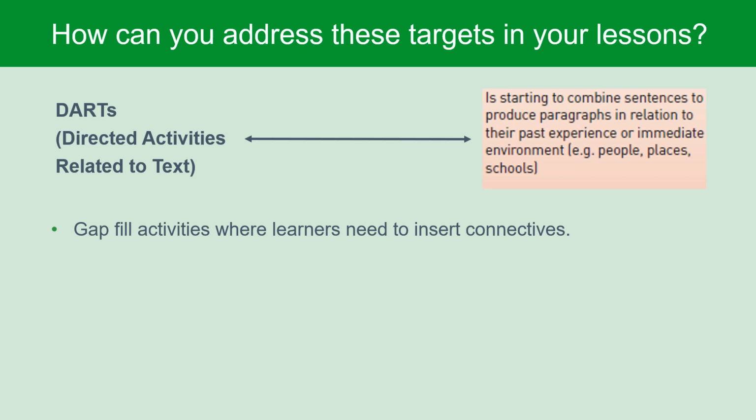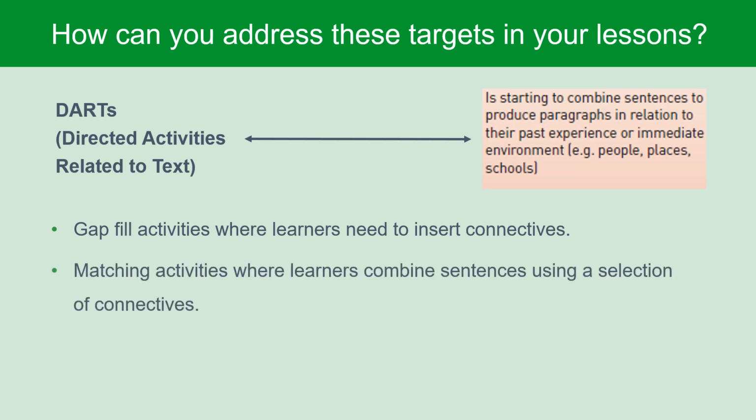We can also provide activities where learners are given two simple sentences and need to use a connective to link them into a longer one. For instance, based on the learner's writing, the two sentences could be she has blonde hair, she has a black dress, and the new sentence could then become she has blonde hair while her dress is black.